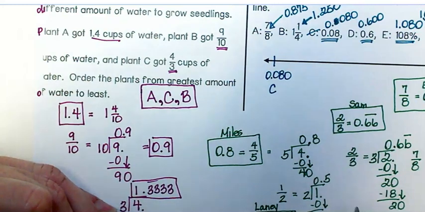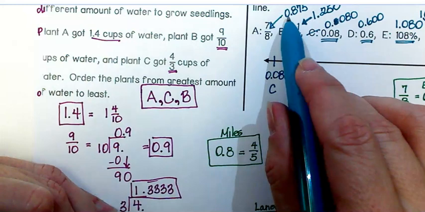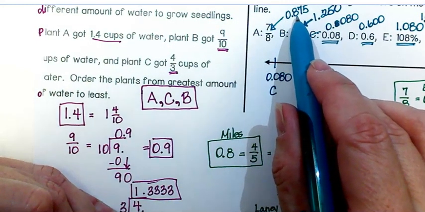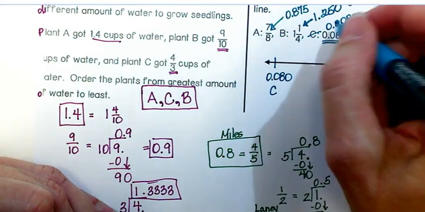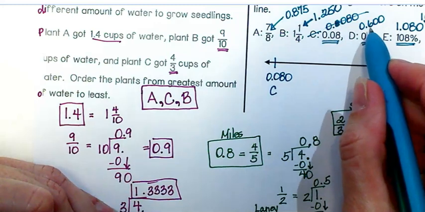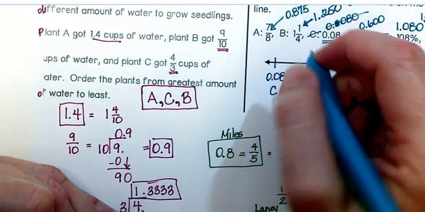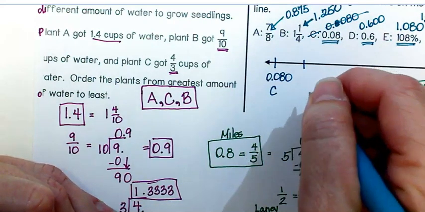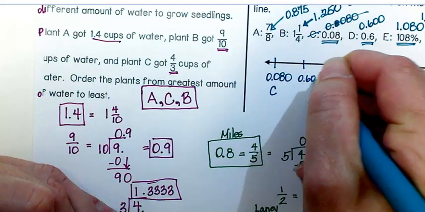Okay, then I need to look and find the next smallest. Again, a 0 in the ones place, and then the smallest number in the tenths place. I have an 8. I've already done this one. I have a 6, and I have a 9. This is going to be next. And I'm not spacing these necessarily evenly. I'm just putting the numbers. So this is going to be 0.600.